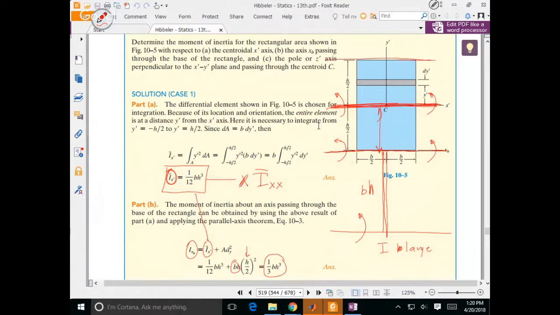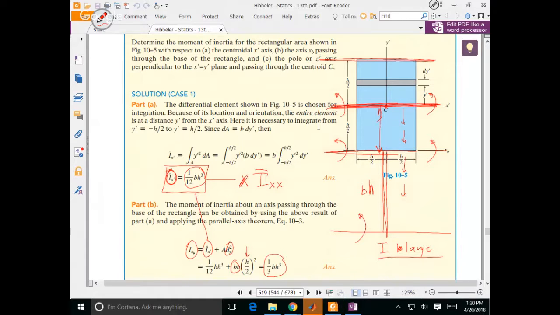If I spun it about this axis, you would find that it would be as if you were spinning it about here. The inertia would be the same. And in fact, that's the case because the distance is squared. So the smallest I is at the centroid. If you start moving away from the centroid in either direction, the I becomes larger. And so that's in fact what you see here.